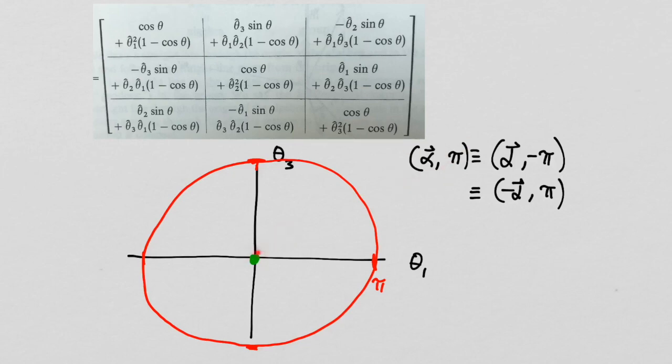Alpha pi, which means any direction alpha, but I go out a distance pi, which lands somewhere on this circle, is always going to equal alpha minus pi, which is you go in this direction, but in an opposite magnitude, right? That point and that point will always be identified on this circle. And another way of looking at it, of course, is minus alpha pi, where I just reverse the arrow, but I go a positive number pi. And then that point will still be identified with that point.